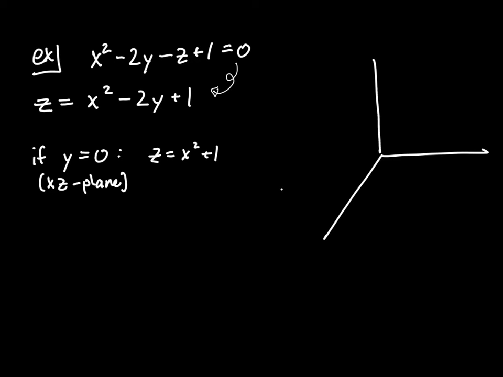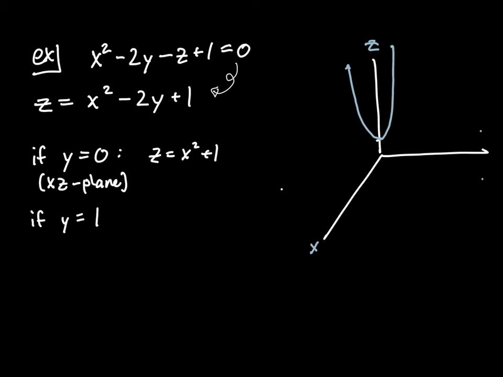And let me draw on the xz plane z is equal to x squared plus 1. So here's plus 1. And it's some parabola that's shifted up by 1.